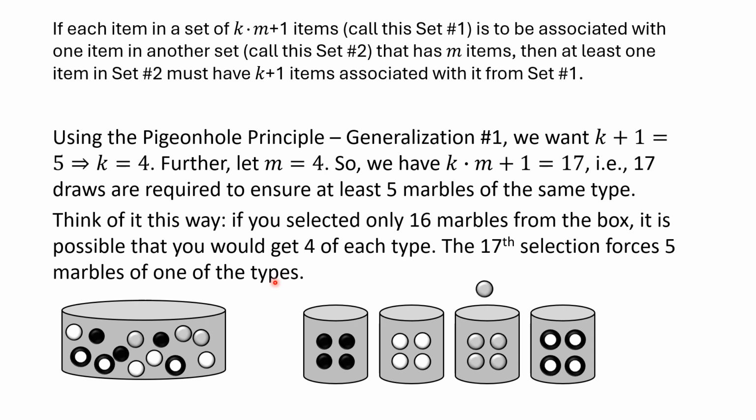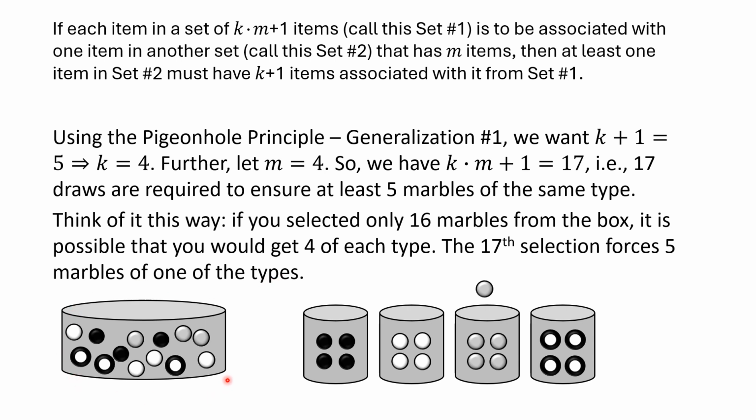Let's start with the worst case analysis solution to the problem stated on the previous slide. I think that's going to be easier to see. And then I'll show how it maps to the pigeonhole principle generalization number 1, which is not as easy to visualize. But let's start with the worst case analysis.